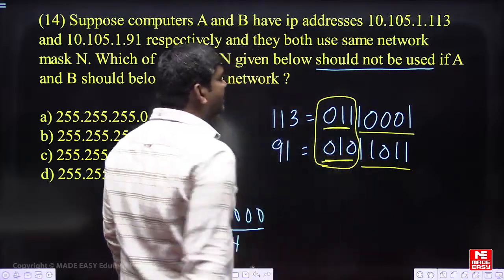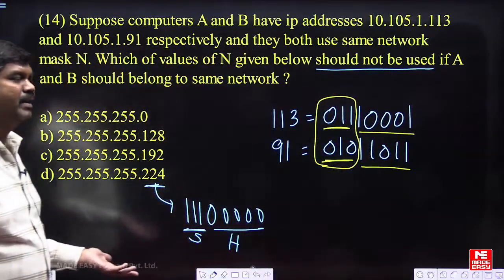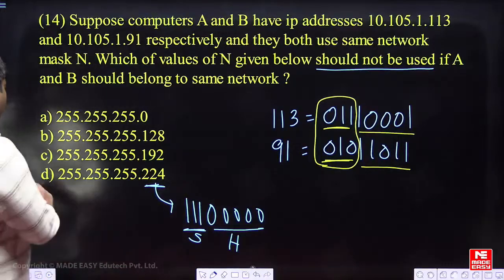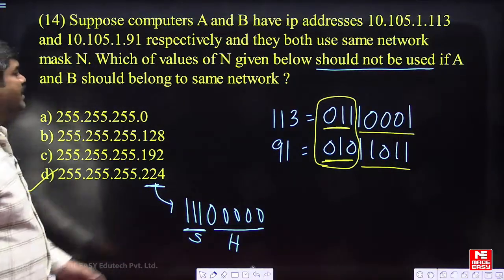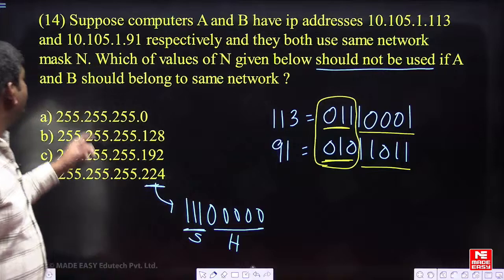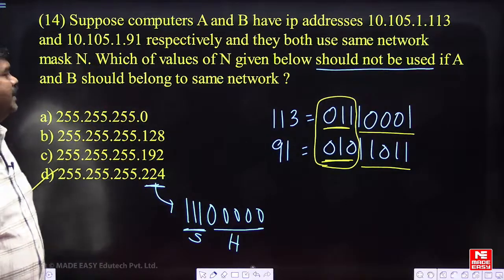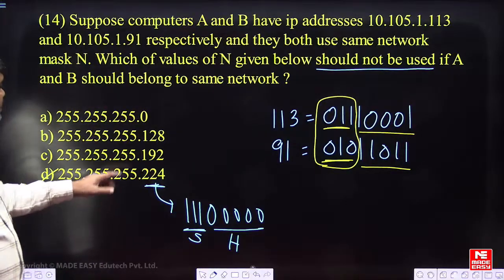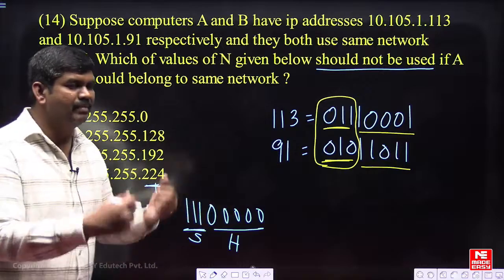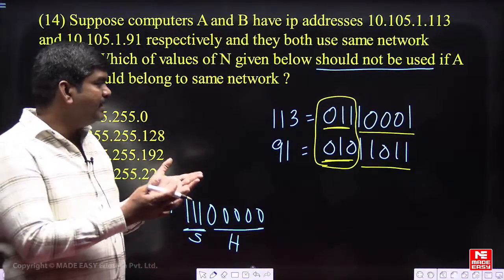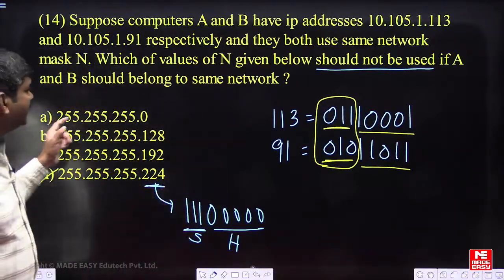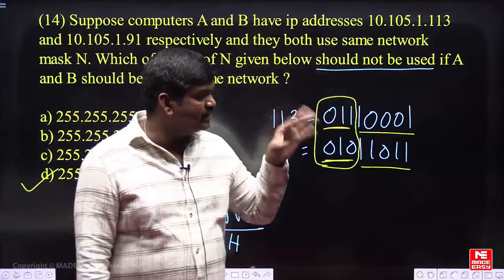Since the prefix is different, they don't belong to the same network. That means if I use this option D, it should not be used if A and B should belong to the same network, because with this we can say that they are not in the same network. See, the basic idea is if I go for option A, both computers will be in the same network.